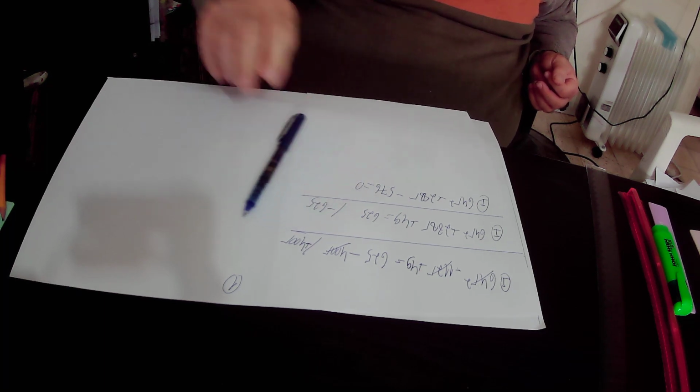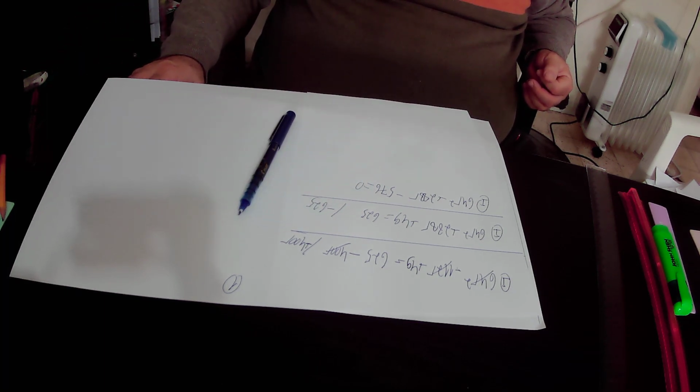I'll check it. 49 minus 625 is indeed equal to minus 576.